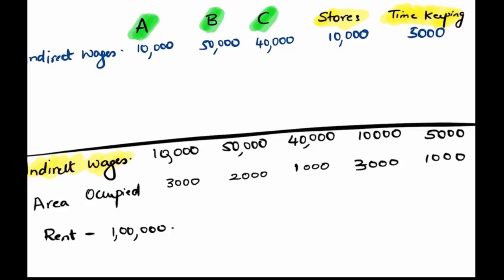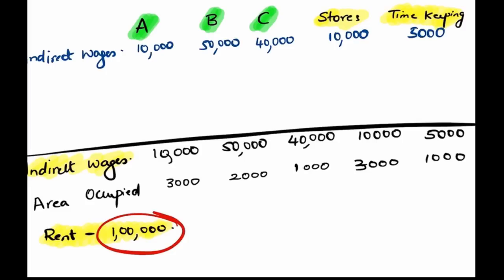Now let me come to the second expense, area occupied. Is area occupied an expense? The answer is no. Third expense is the rent. Now if I look into the rent of 1 lakh, the rent of 1 lakh is going to be divided based on the area, because I know rent for all the cost centers.